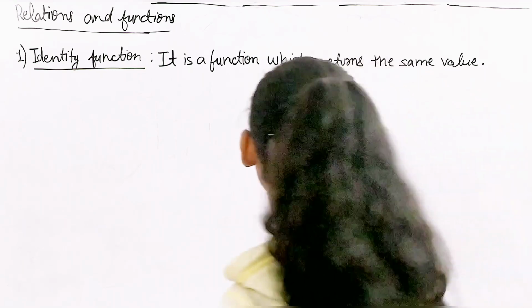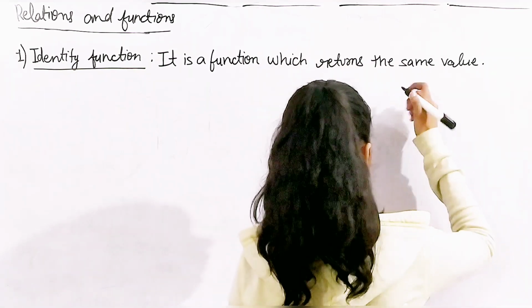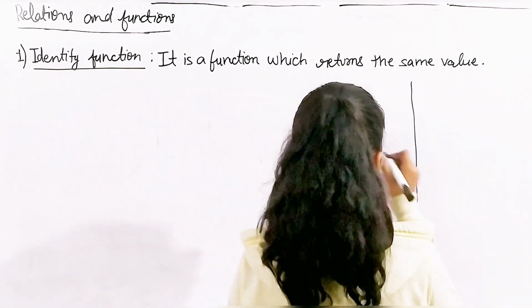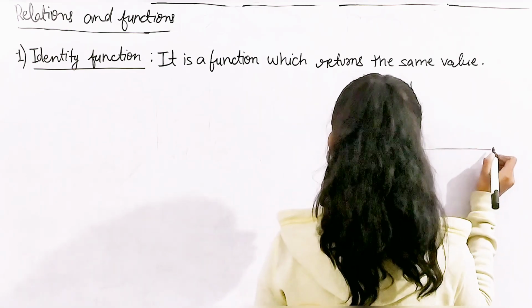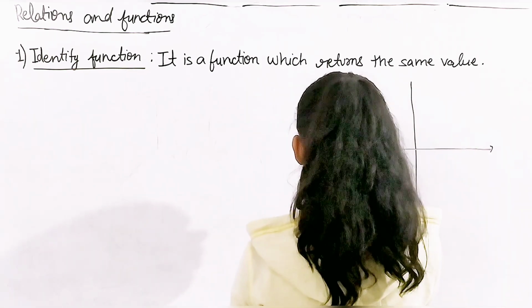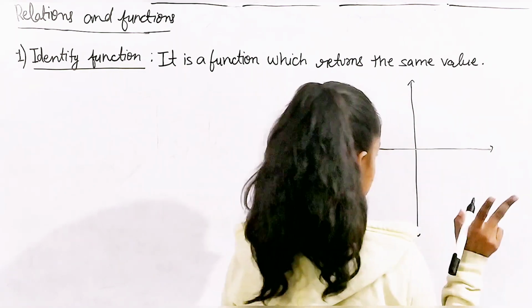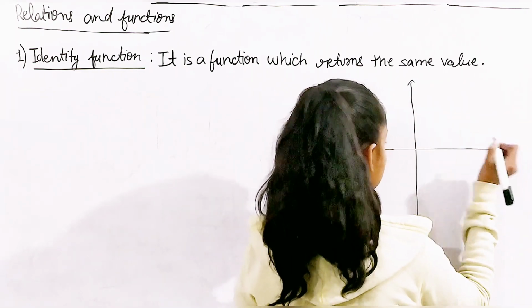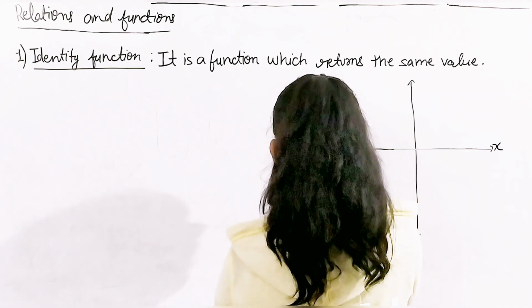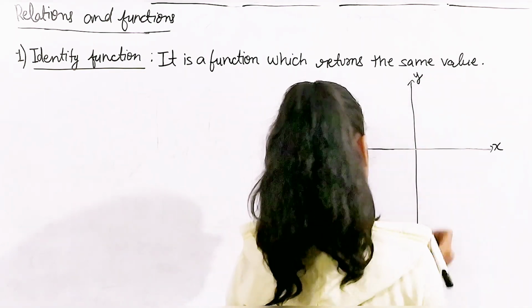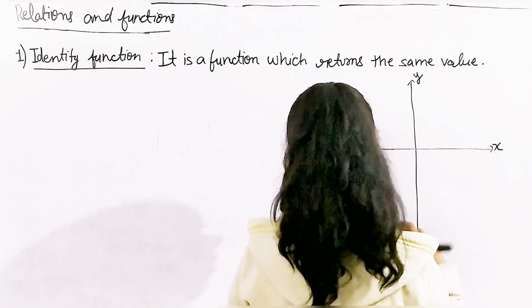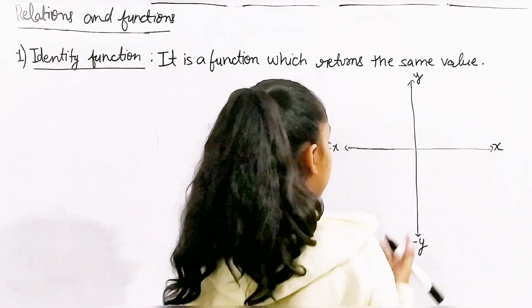And the graph is going to be like this way. First of all, a graph we have usually is like this. We have two axes for now, x-axis, negative x, and y-axis, and negative y.